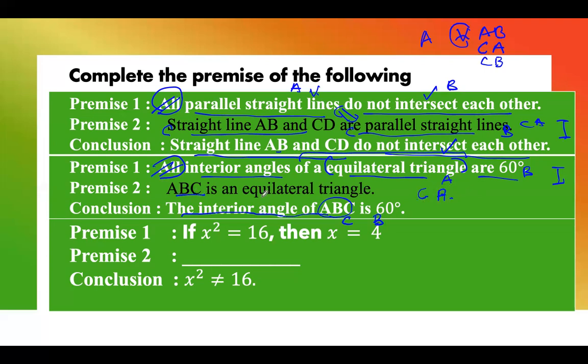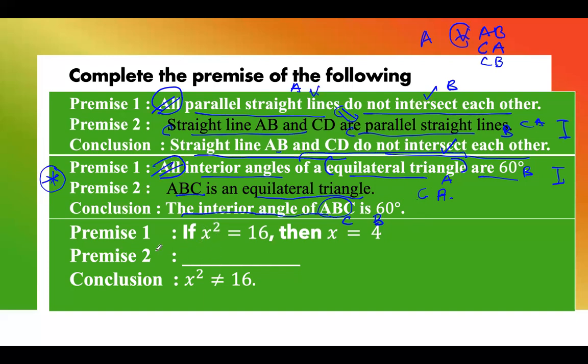ABC is an equilateral triangle. You need a bit of language skill to know where is A and where is B. This question is a bit tricky. If you can understand this question, it should be no problem for others.